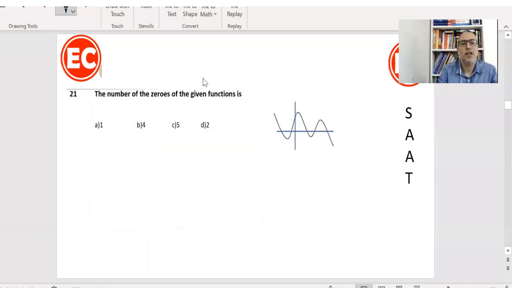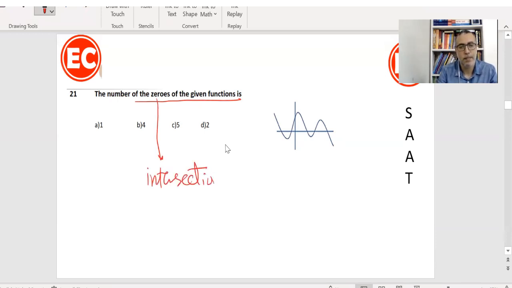Now, another kind of question on the functions. As we can see in these functions, the number of zeros, and zeros means intersection points with the x-axis.